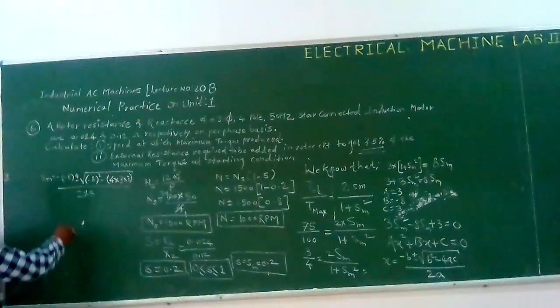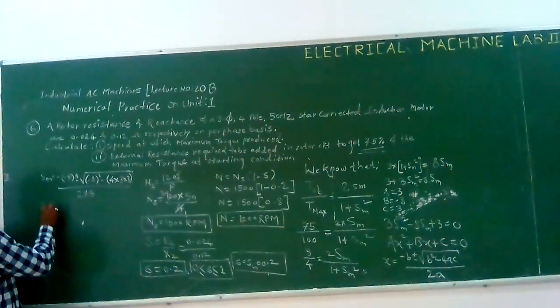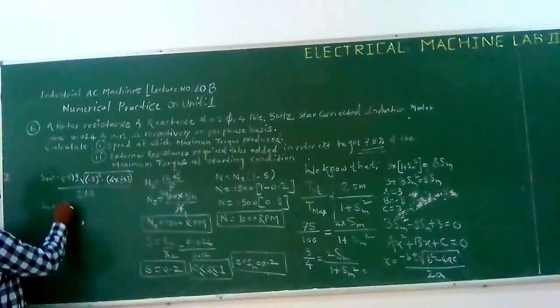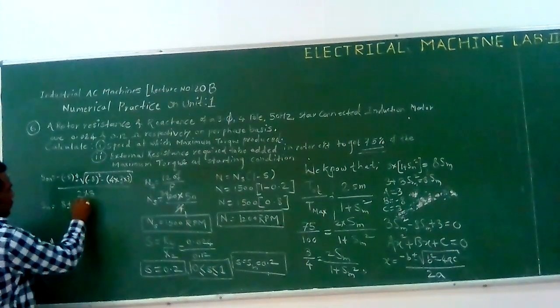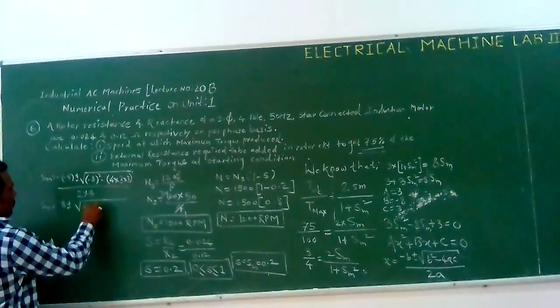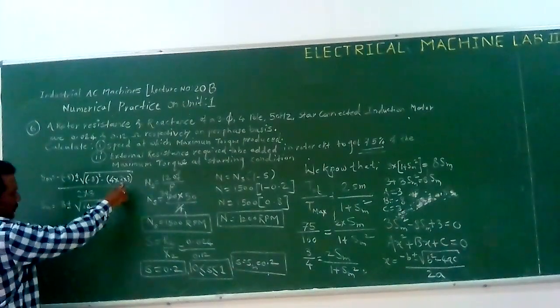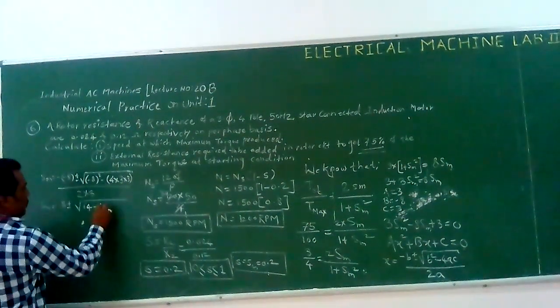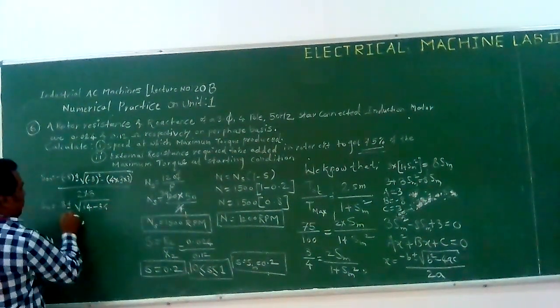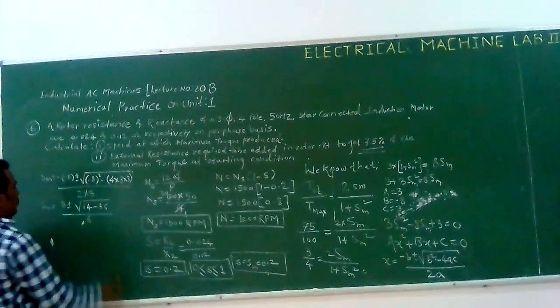Simplifying this, Sm is equal to 8 plus or minus root of 64 minus 4 into 3 is 12, 12 into 3 is 36, so 64 minus 36, divided by 6.